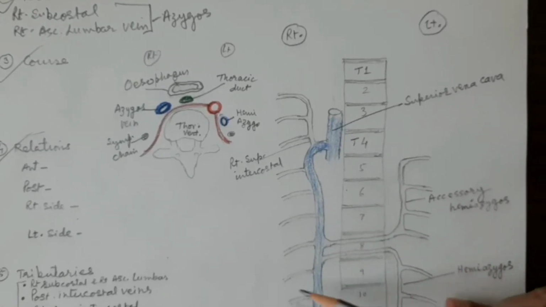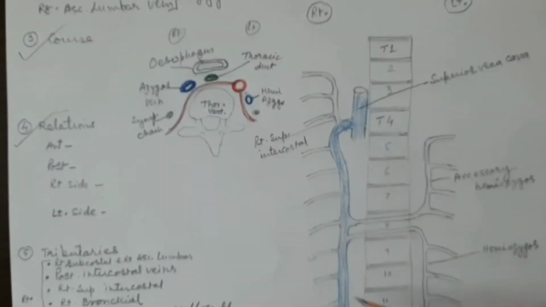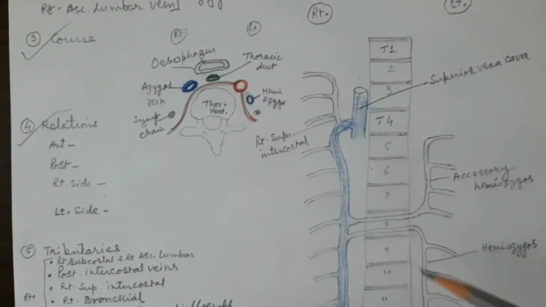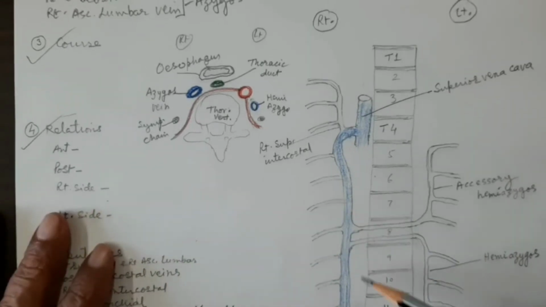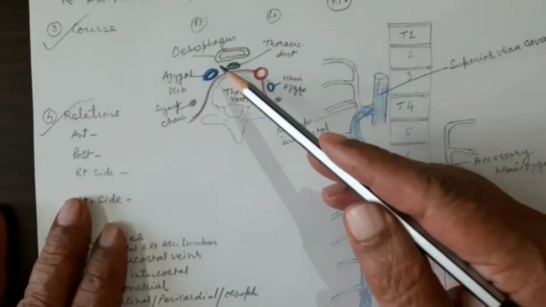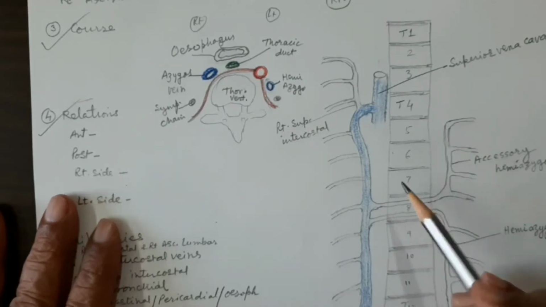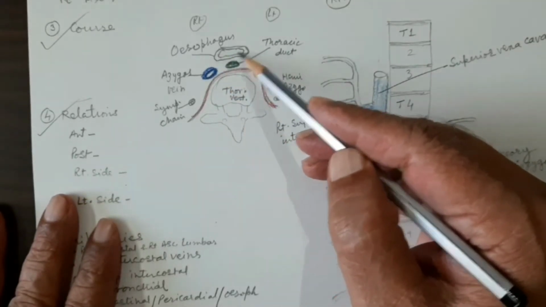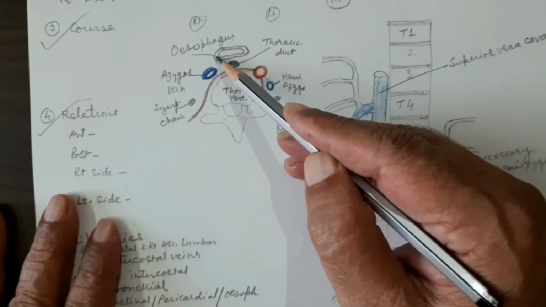Or still lower level, because I have shown you the hemiazygos vein, so it is somewhere between the 9th, 10th or 11th thoracic level. Now see the relation of this azygos vein. What lies anterior to it?